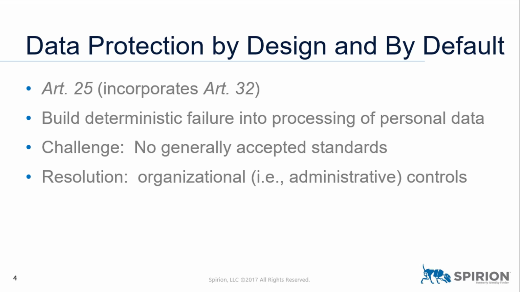So from my perspective, the resolution really is organizational controls, or administrative controls, however you want to articulate it. You think about all of the policies and procedures, running background checks on employees, privacy training. Still the number one control in an organization, in my experience, is privacy training, making sure that people know what they can and can't do with personal data.